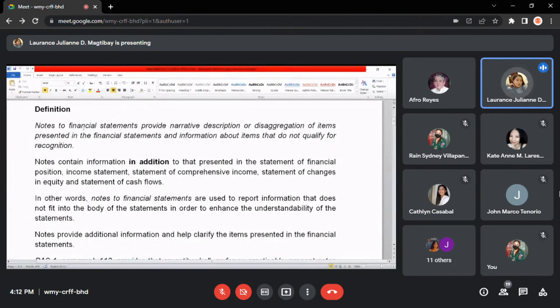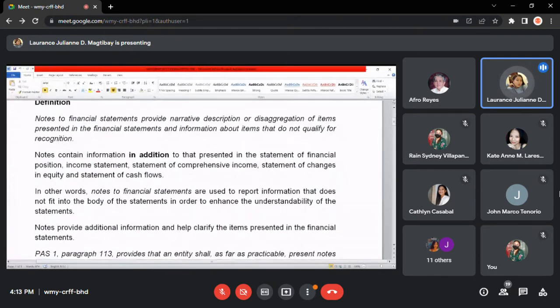So yung recognition na sinasabi dito, financial statement of an entity as an asset, liability, totals.